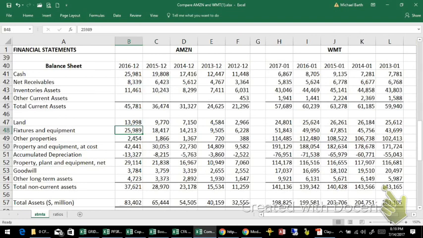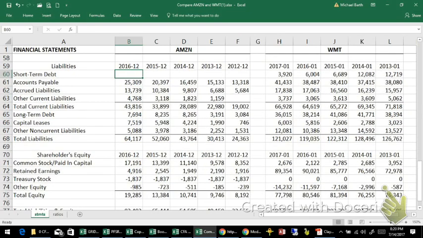So anyway, a common size balance sheet, all you do is divide all of the numbers in the balance sheet by total assets. And then we can start talking about, well, cash as a percentage of assets as opposed to a dollar amount. So I'm going to do that for all the asset side as well as the liabilities and the equity side for these two companies.